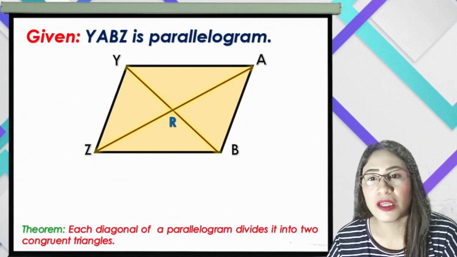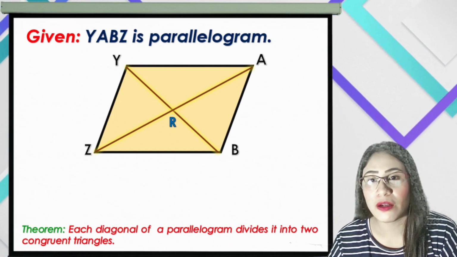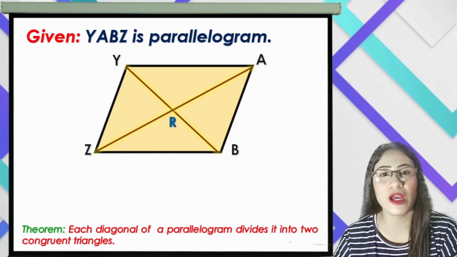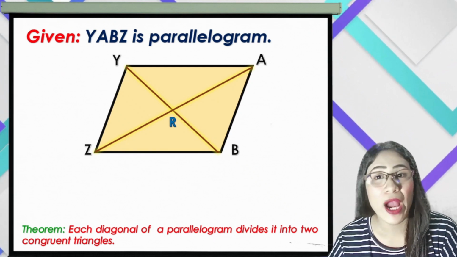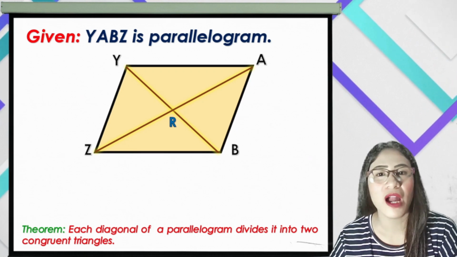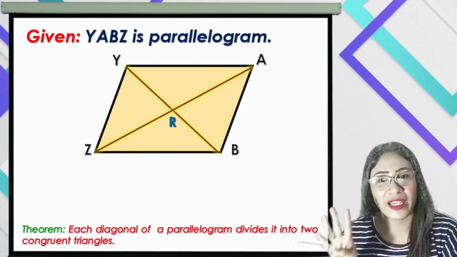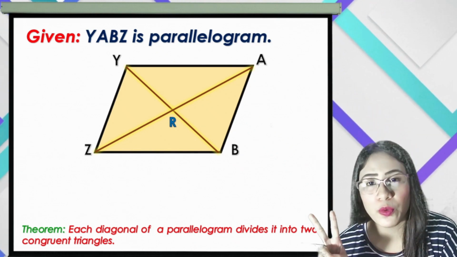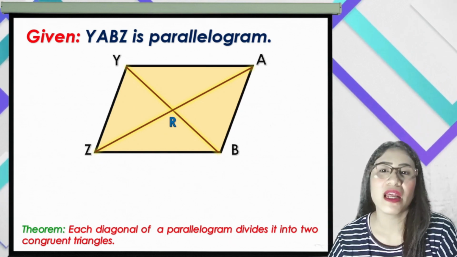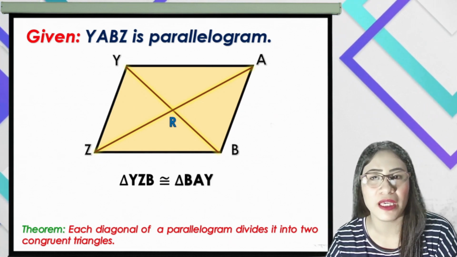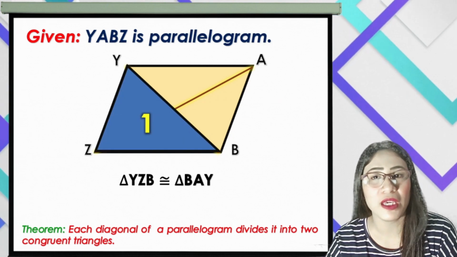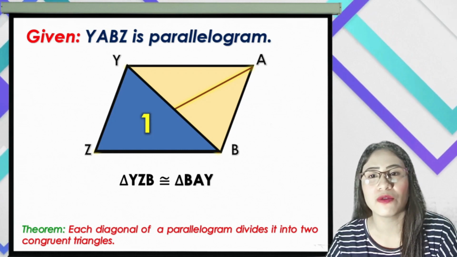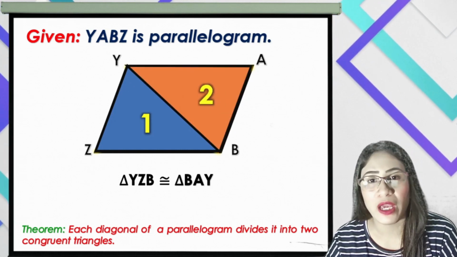The last theorem is each diagonal of a parallelogram divides it into two congruent triangles. Since we have two diagonals, YB and ZA, we will have 4 triangles. But we only have two pairs of congruent triangles. For diagonal YB, triangle YZB, the first triangle, is congruent to triangle BAY, the second triangle.